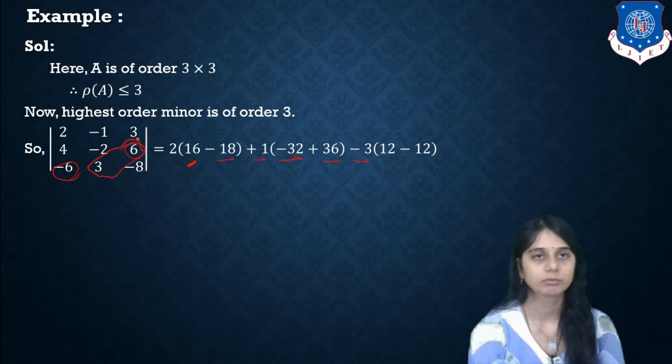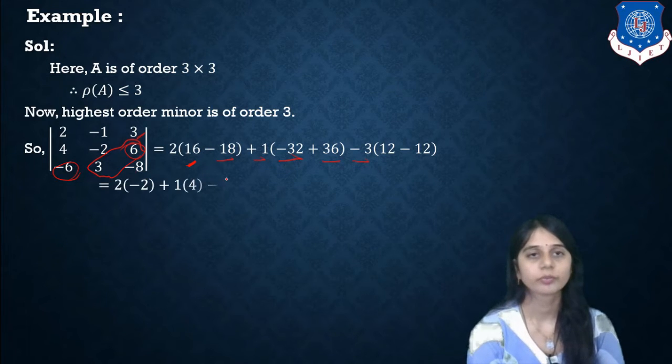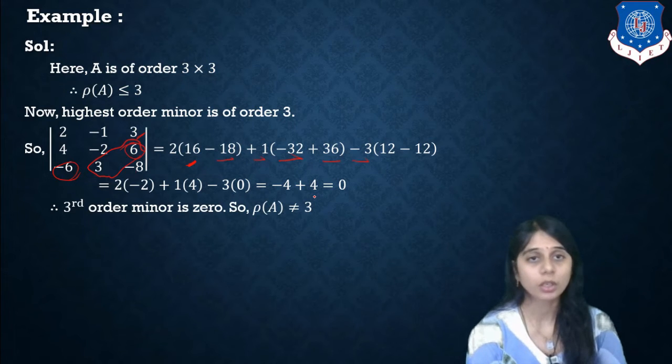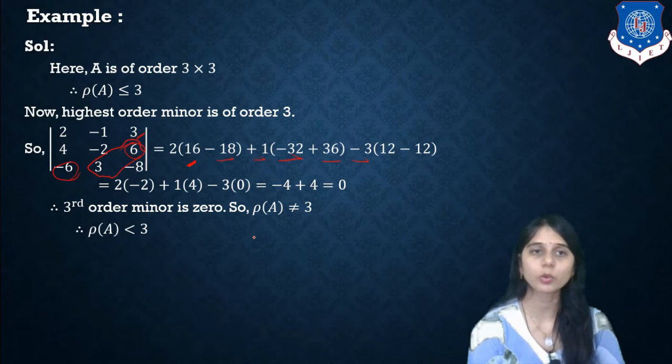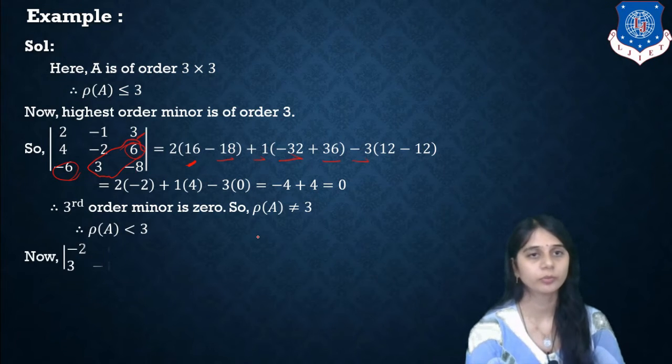Minus 3 times (plus 12 minus 12). So we get 2 minus 2 plus 1 plus 4 minus 3, 0 minus 4 plus 4, 0. So the determinant is 0. The third order minor is 0, so ρ(A) is not equal to 3. Now ρ(A) is less than 3.